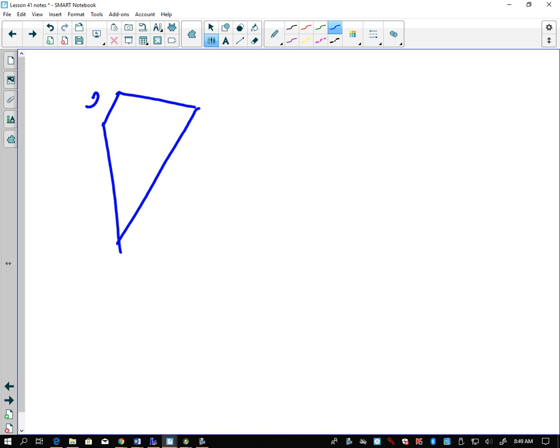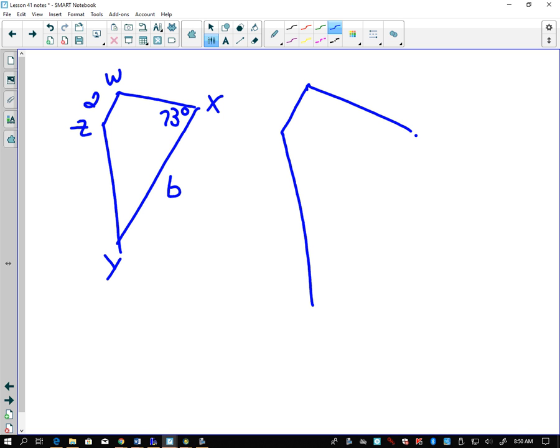Okay, something like this, W, Z, 73 degrees, X, Y, and this length here is B. Okay, over here we've got E, D, 3, G, F, and 15.